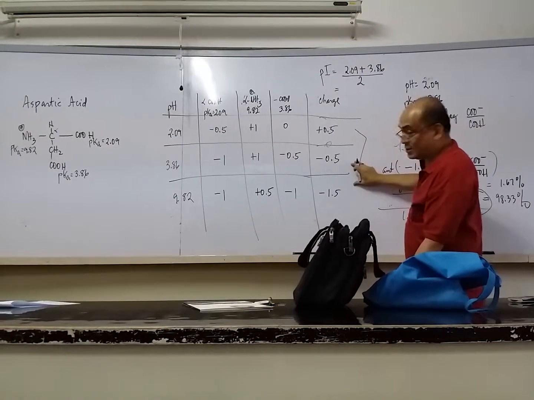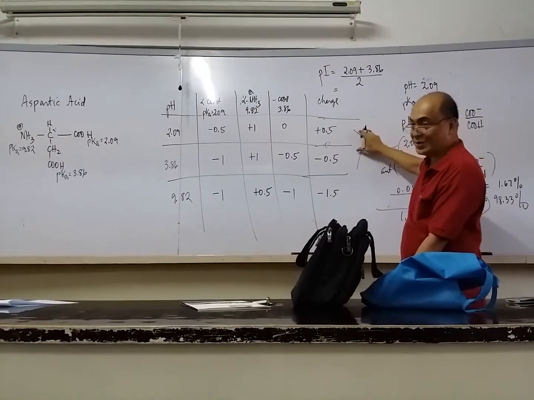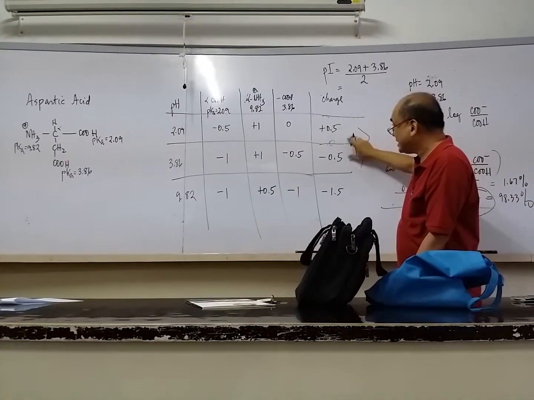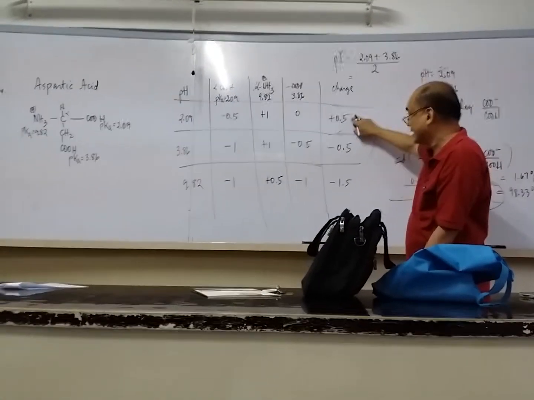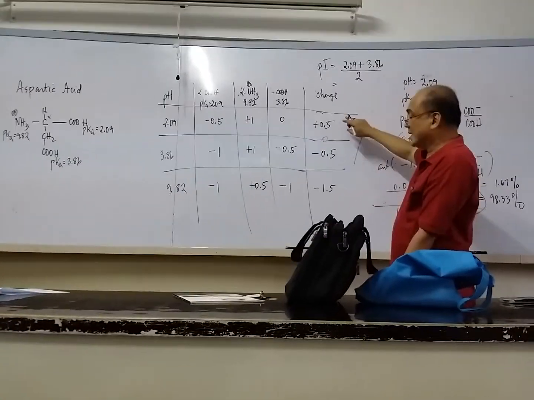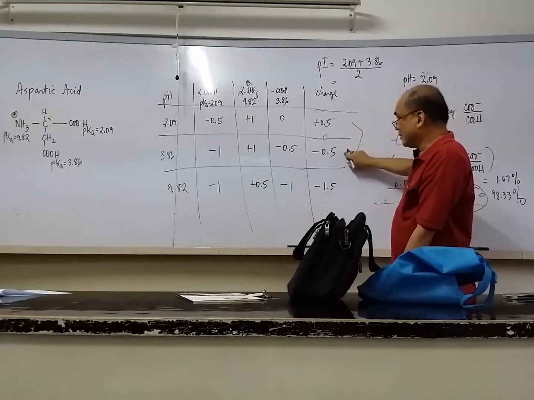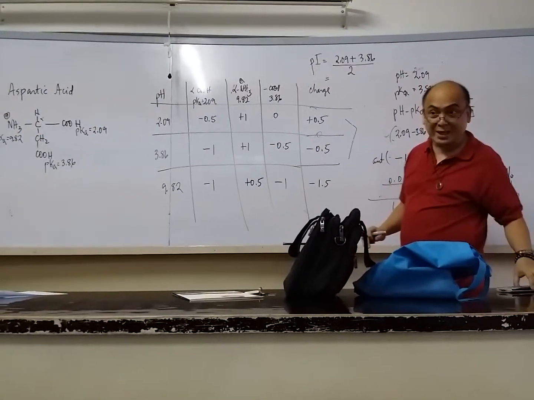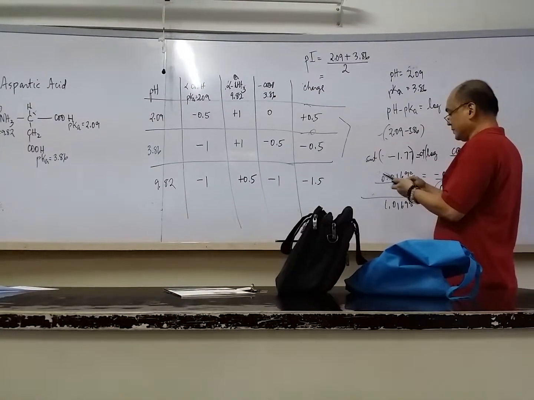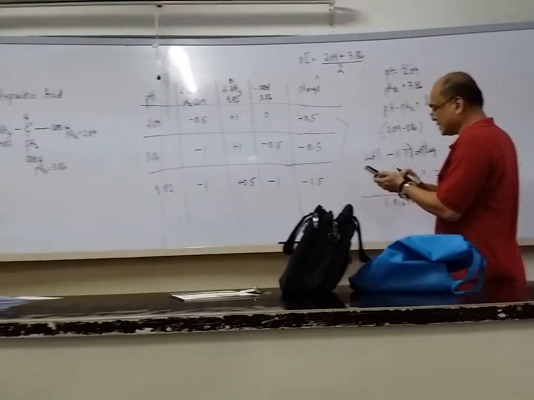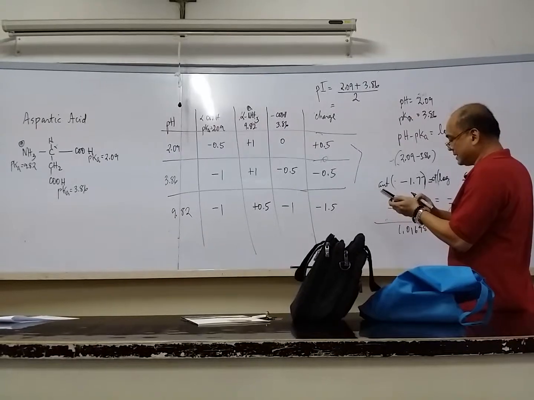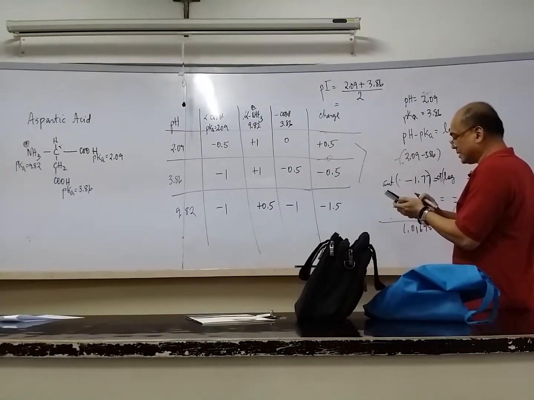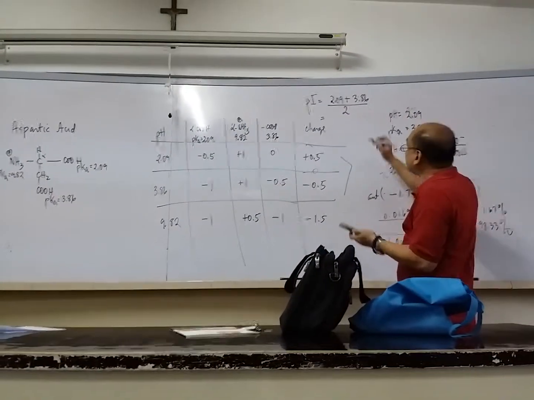Hindi itong dalawang ito, itong dalawang ito, because the charge at 2.09 is plus 0.5 and at 3.86 is minus 0.5. So itong dalawa ang average in order to get an isoelectric pH. So that will be 2.09 plus 3.86 divided by 2, so 2.975.